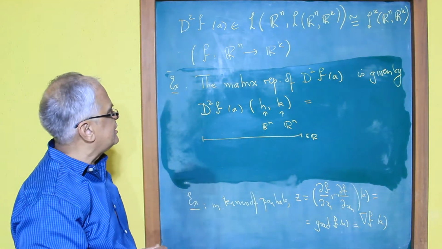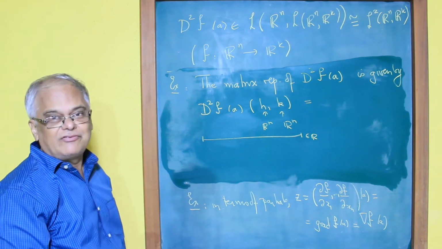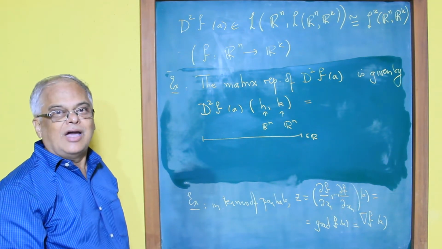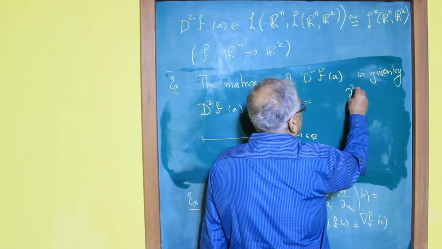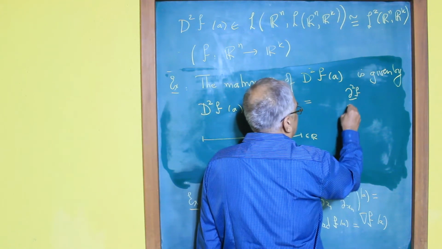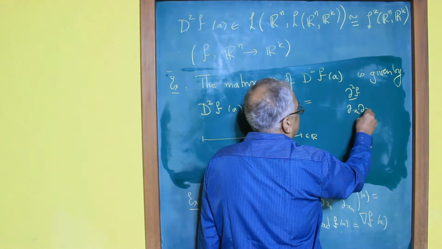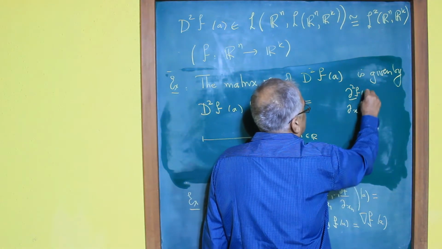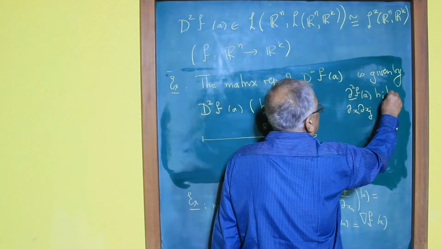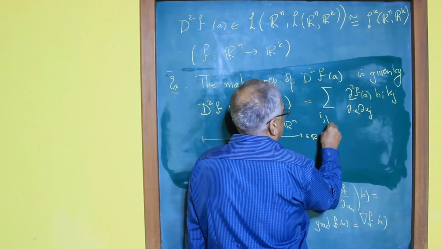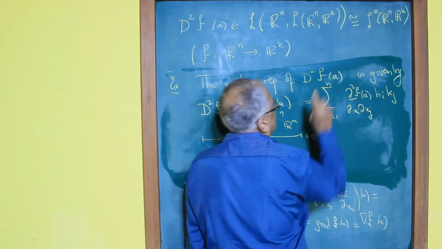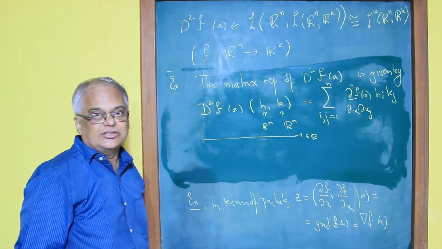And the exercise is that you should be able to prove that d2f at a evaluated at h, k is given by that expression.